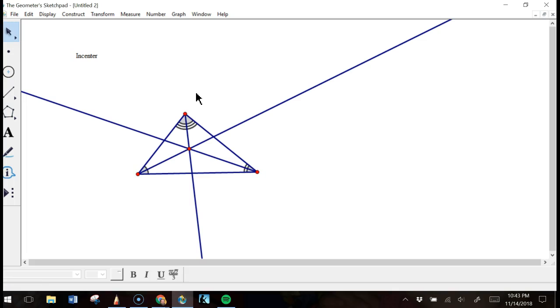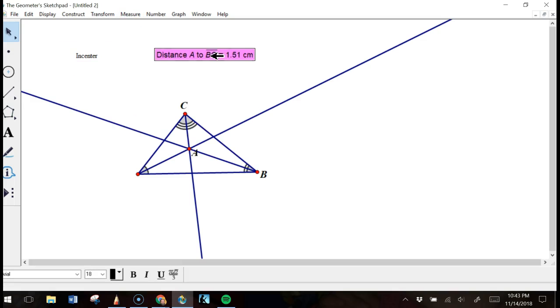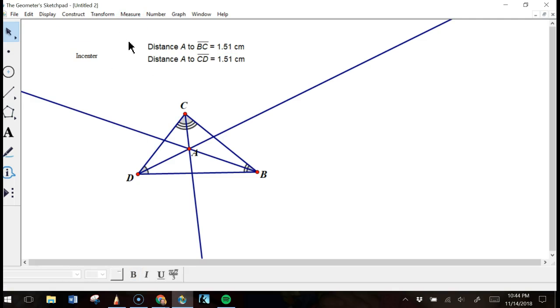What is true here is that if I pick a side and I pick a point and I measure that distance, the distance from the center to the sides is always the same. And same for the third side. They're all 1.15 or 1.51 centimeters here. So why is it called the incenter?